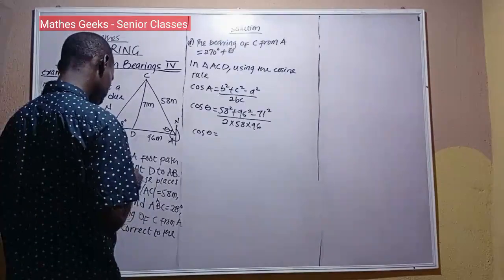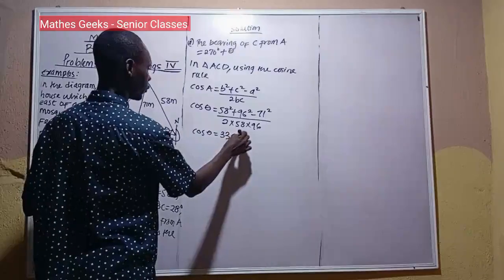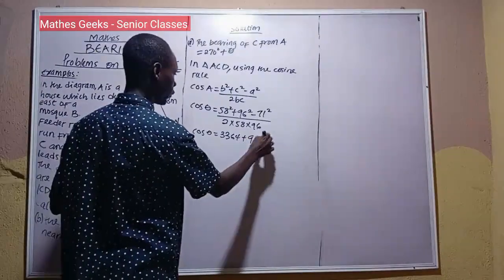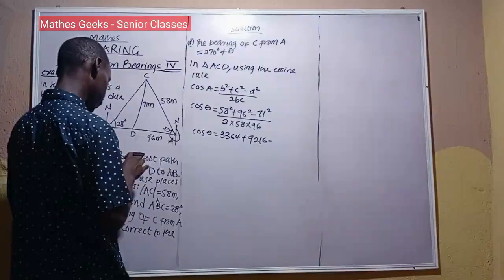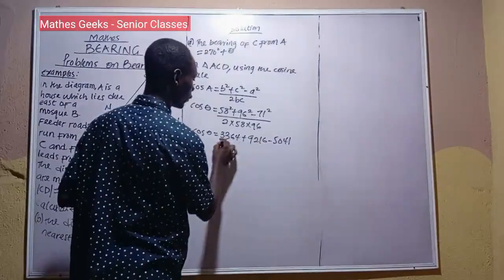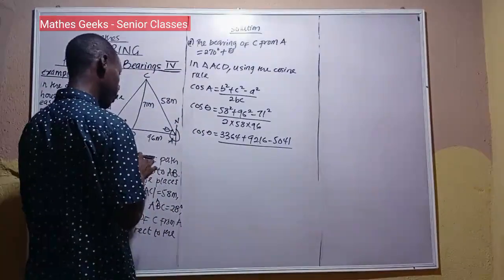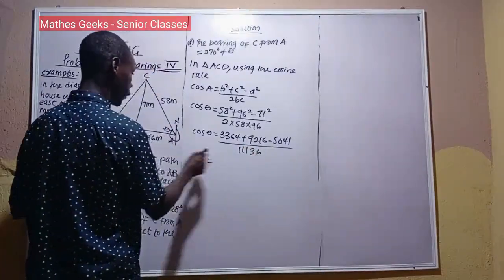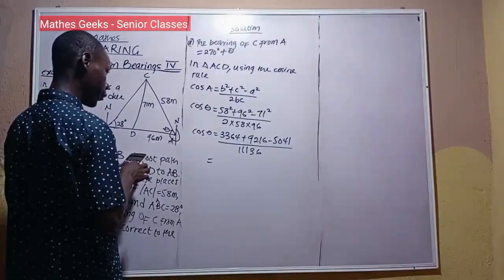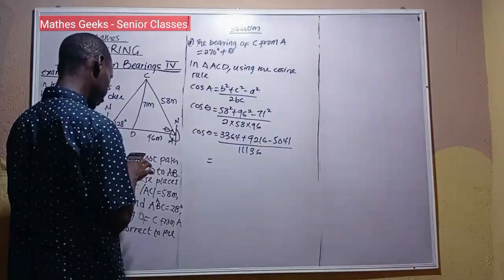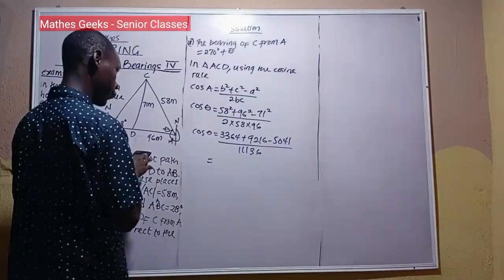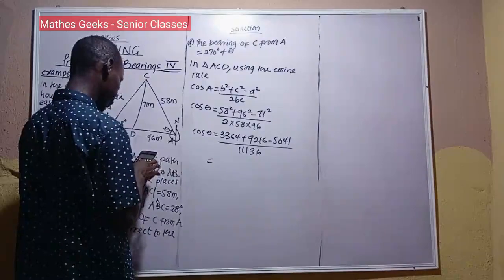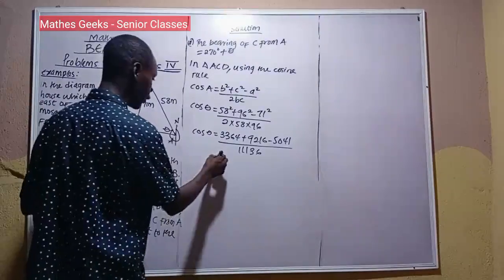58 squared is 3364, plus 96 squared, 9216, minus 71 squared, 5041, over 2 times 58 times 96, which is 11136. So 3364 plus 9216 minus 5041 is 7539, divided by 11136.